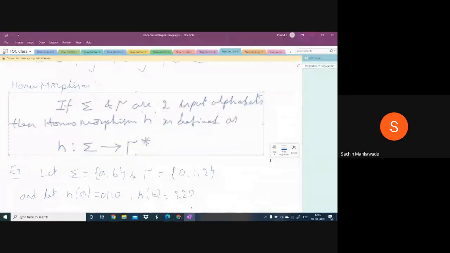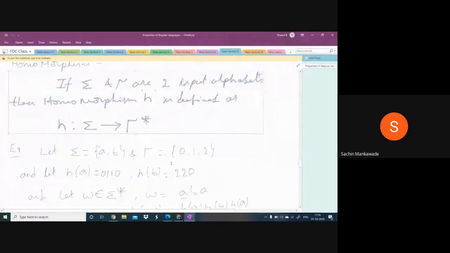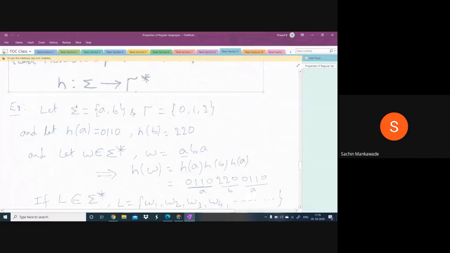Now we see the example. Suppose sigma is A and B and tau is 0, 1, 2 are the two input alphabets. For every symbol in sigma, h of a will be given. Suppose in sigma A, B, C are there, then h of a, h of b, and h of c are given.